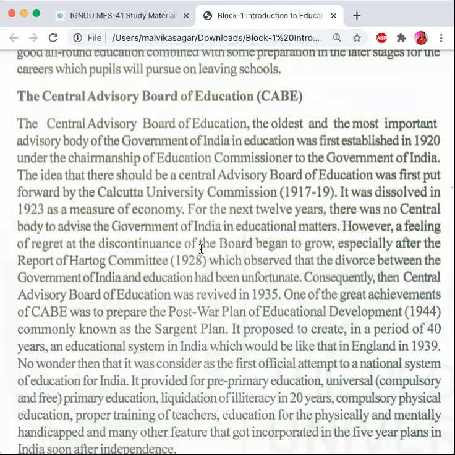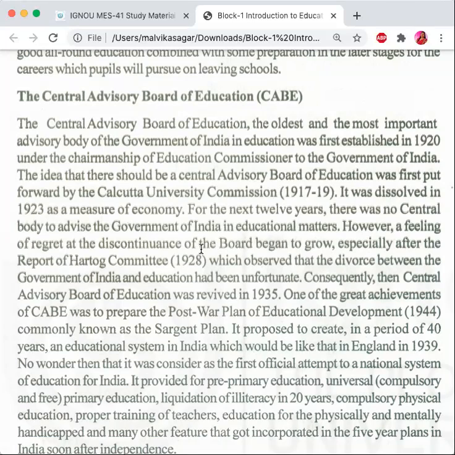For the next 12 years, there was no central body to advise the Government of India in educational matters. However, a feeling of regret at the discontinuance of the board began to grow, especially after the report of the Hartog Committee in 1928, which observed that the divorce between the Government of India and education has been unfortunate. Consequently, the Central Advisory Board of Education was revived in 1935.